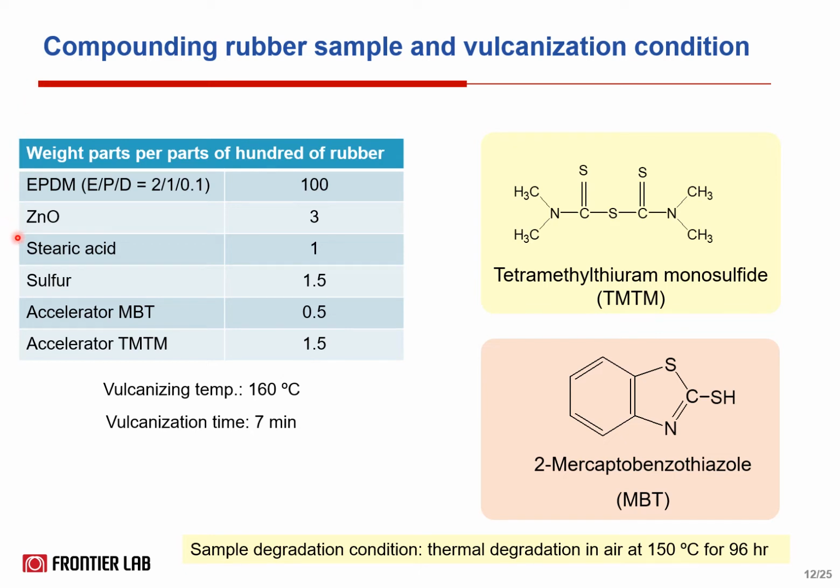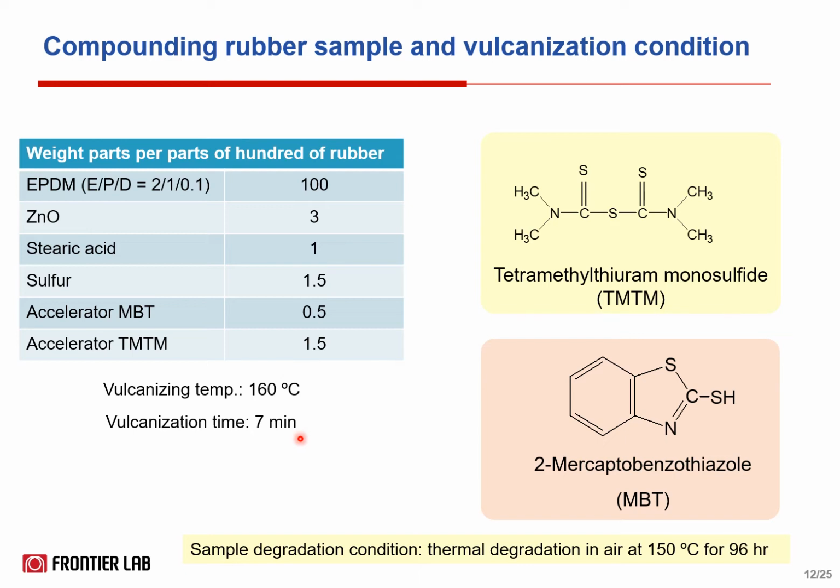After these additives were blended with EPDM, raw kneading and then press vulcanization were performed at 160 degrees C for 7 minutes, which is close to practical vulcanization conditions.